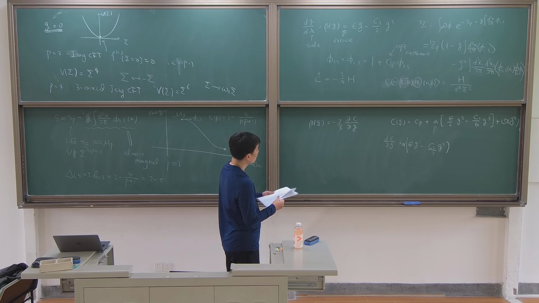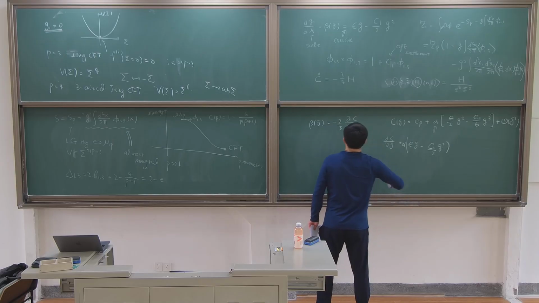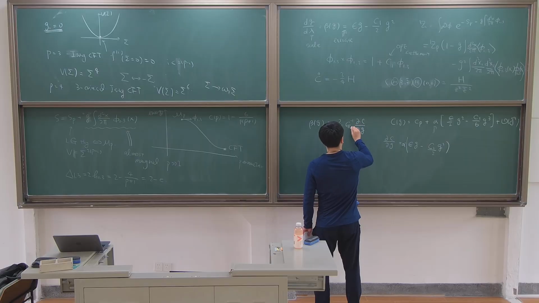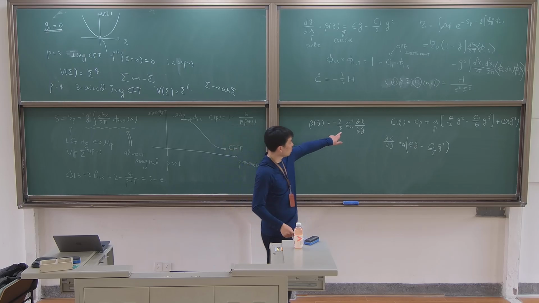The reason why I put alpha is that there is the Zamolodchikov metric involved.